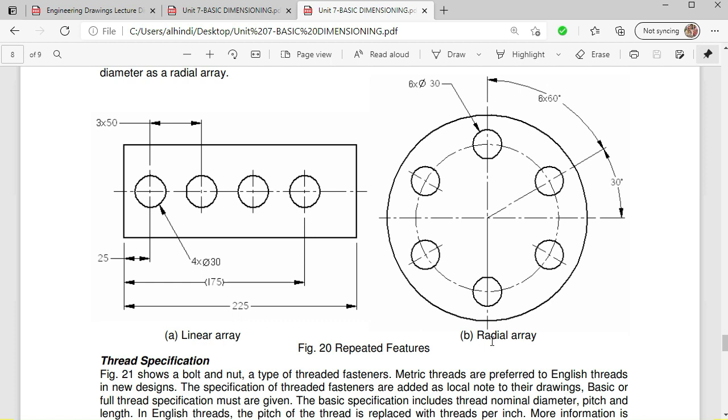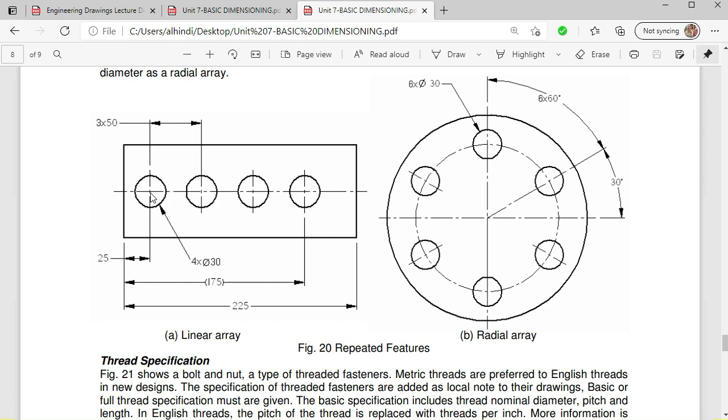Now let's go for the linear array. This was for the radial, or you say circular array. Now for the linear array, you can see these holes are 4 in number. So 4x phi 30. There are 4 in number, so 4x. And then the distance between them, they are equidistant, and the distance between them is 50.